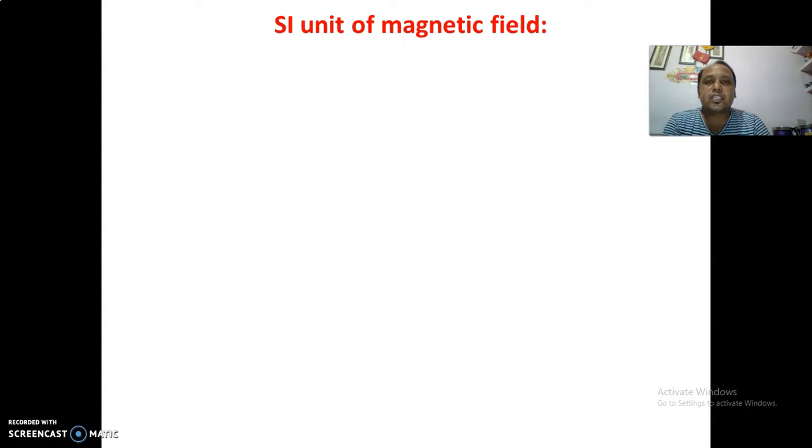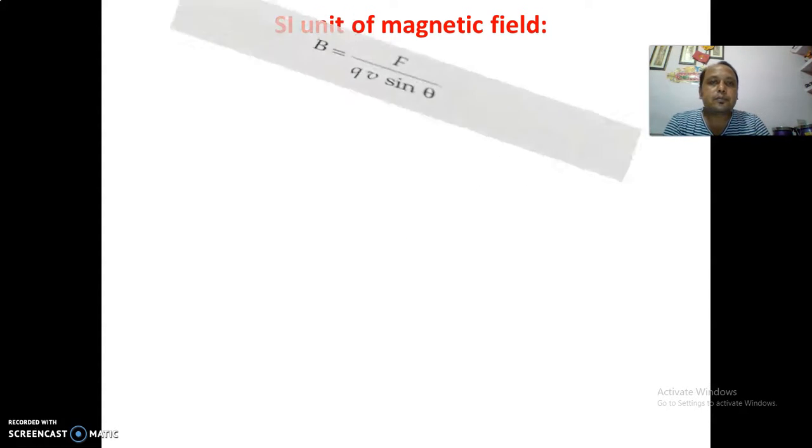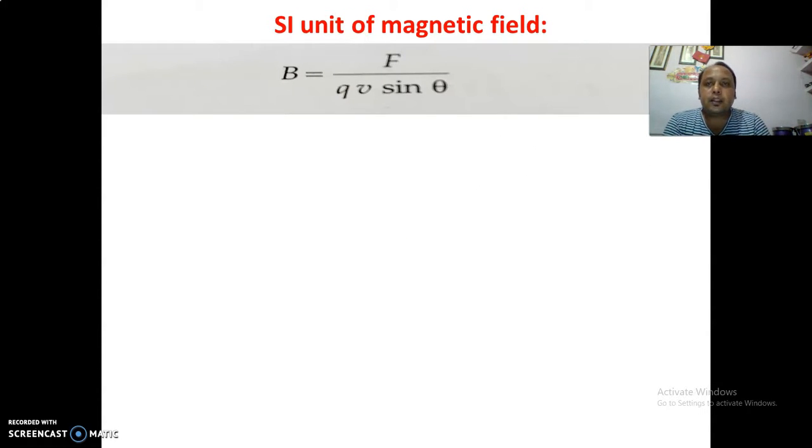Now let us discuss the SI unit of magnetic field. We will discuss the CGS unit also, but first of all let us discuss the SI unit. The value of magnetic field according to the Lorentz force is given by F by QV sin theta.